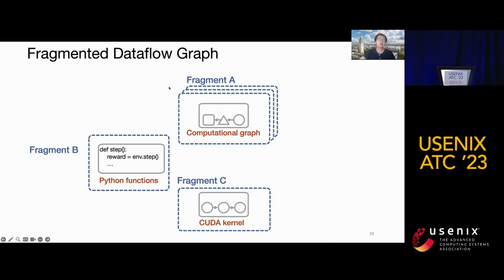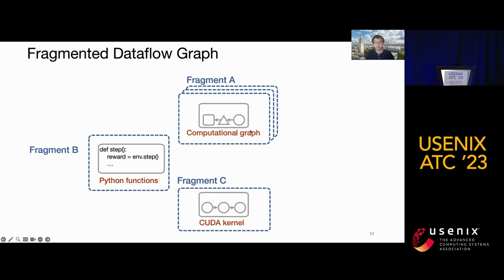So for example here, fragment A represents the action computation implemented using some data parallel operators from the DL engine. And fragment B represents the environment simulation implemented using a Python function. And fragment C implements a learner, or model training, using CUDA kernels.